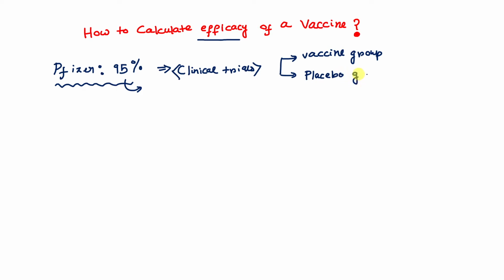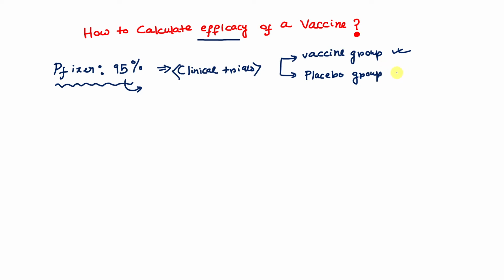In the vaccine group, the volunteers get the actual vaccine. On the other hand, the volunteers in the placebo group do not get the actual vaccine. Instead, they get a placebo, or a false vaccine. One very important thing to note is that no one knows who is getting the actual vaccine and who is getting the placebo.